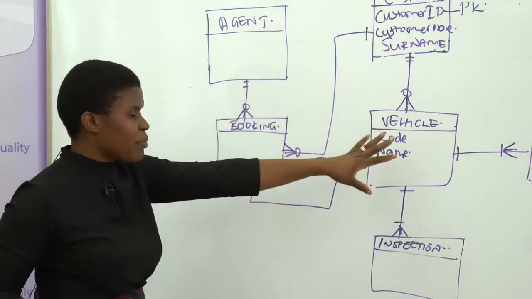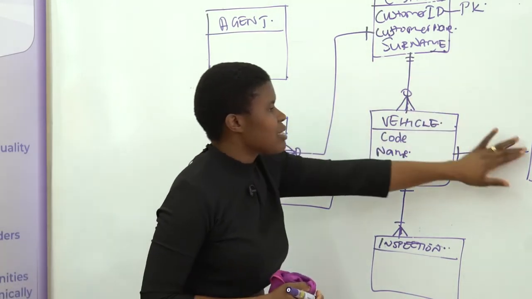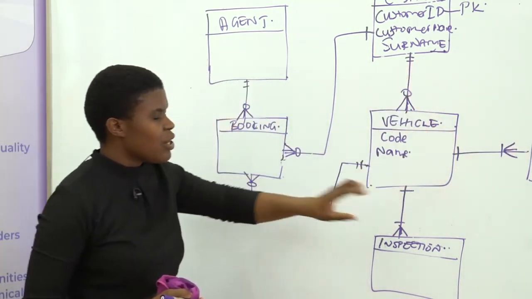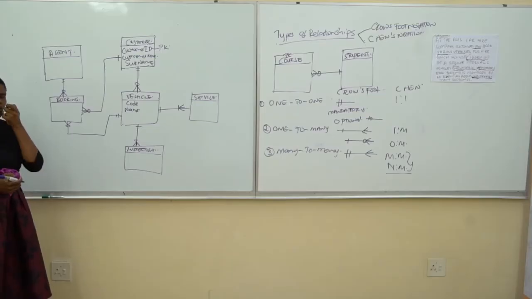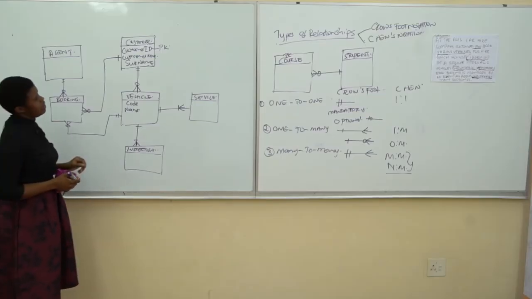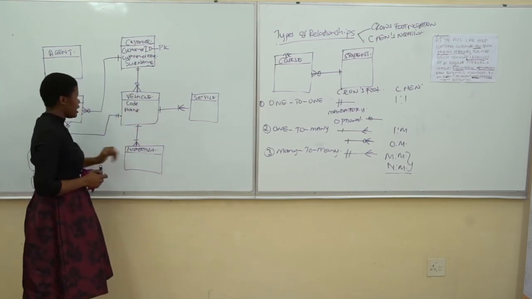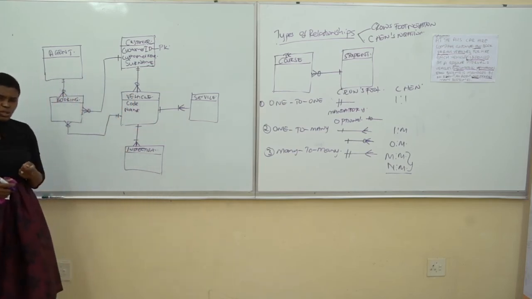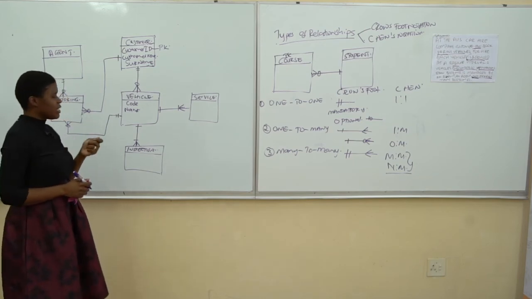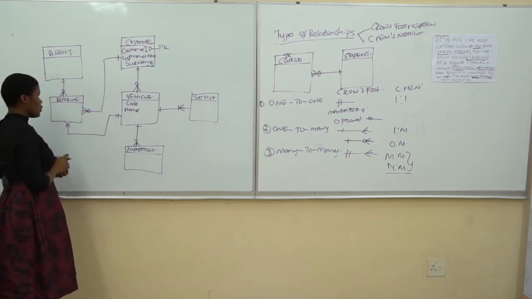More vehicles can be booked or cannot be booked. But if we are just putting the signs on the entities without explanation or just ways to link them, it really doesn't make much sense, because a person said, okay, it's one to many, 1 to 0. What is happening with the 1 to many and so on? So it's then that we introduce relationship words, where we are going to communicate these entities together.